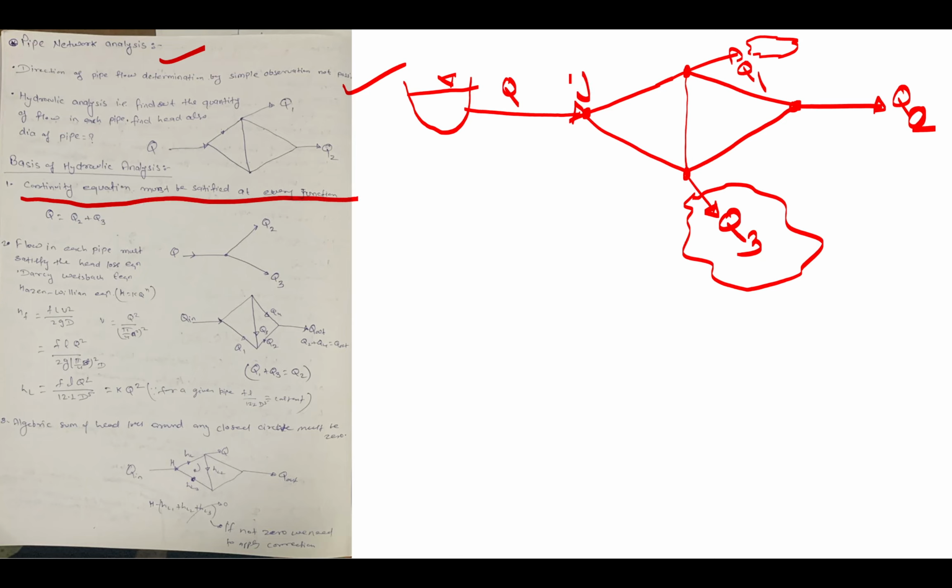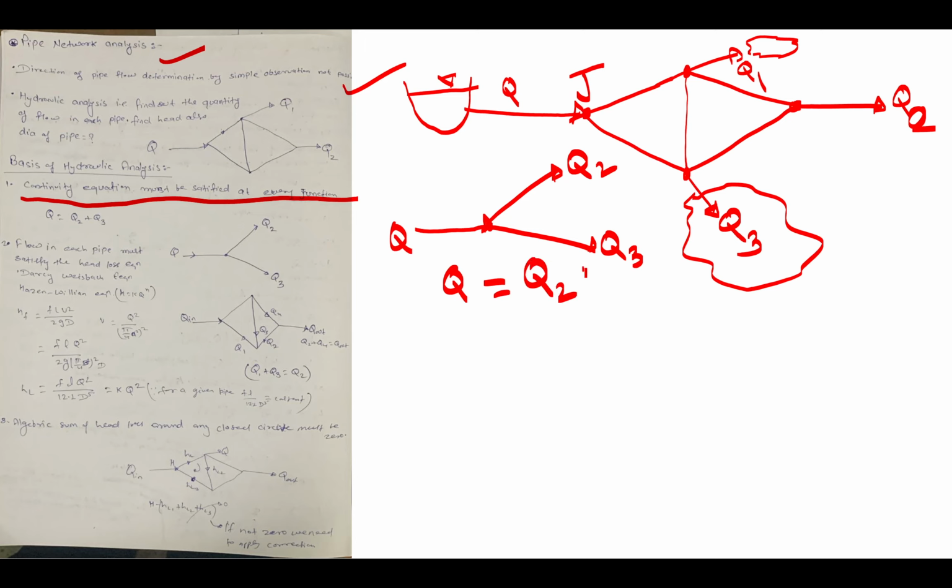If this is a junction, and this is Q, water is leaving from here in two directions, Q2 and Q3. So your Q should be equal to Q2 plus Q3. This is the continuity.